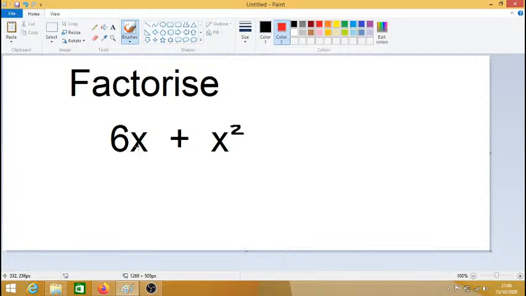Okay, hopefully in your head or on paper, you'll have seen that there is a common factor that can be used to make both the 6x and the x squared, and that factor is x. So we want to pull out the x as the common factor.